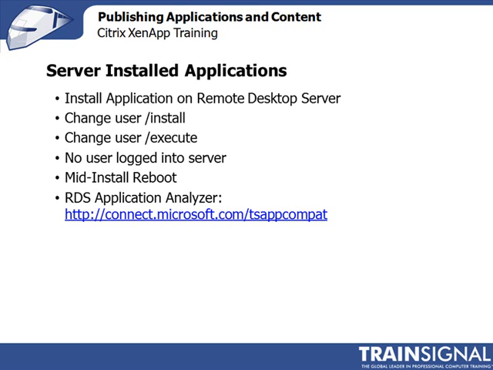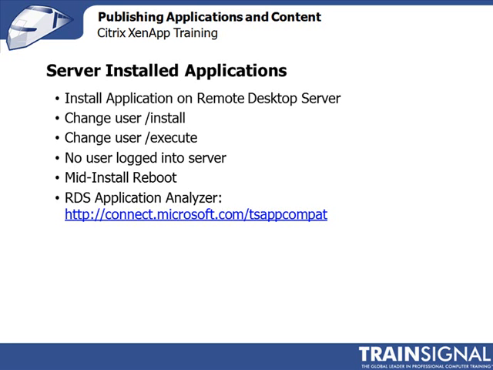Now, there are different places within XenApp where you can go to properly install an application. The easiest, which I'll show you when we get into the GUI, is to go to Control Panel. There's an icon or an application there called Install Applications on a Remote Desktop Server. Once you double-click on that, it'll bring up a wizard, and I'll take you through that. You'll install the application that way. That's one way of doing it, through a GUI. Very easy, very simple. Another way of doing it is through the command line.